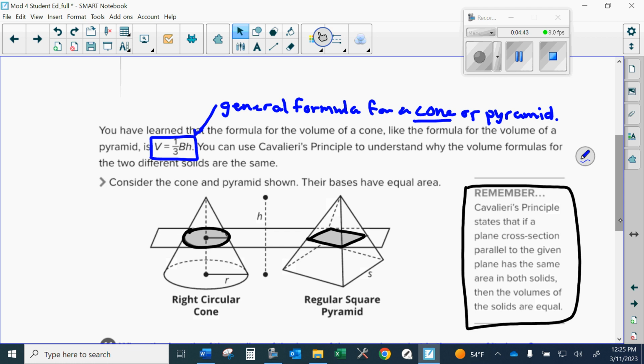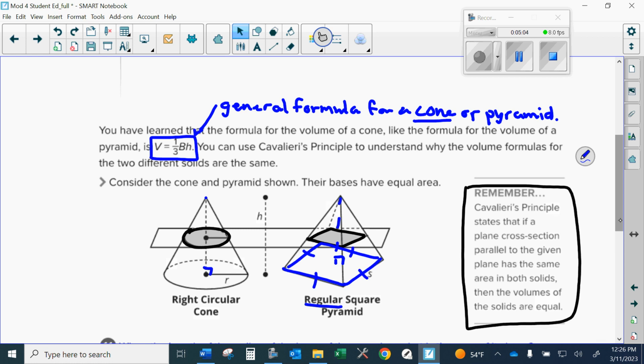Okay, right circular cone because it's vertical to its vertex, and right because again it's vertical, and there's its height. Regular means equilateral and equiangular. So each of these is the same.